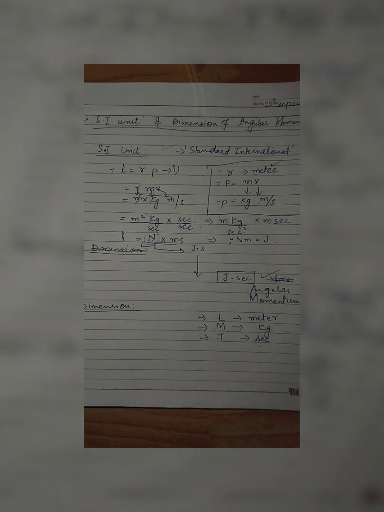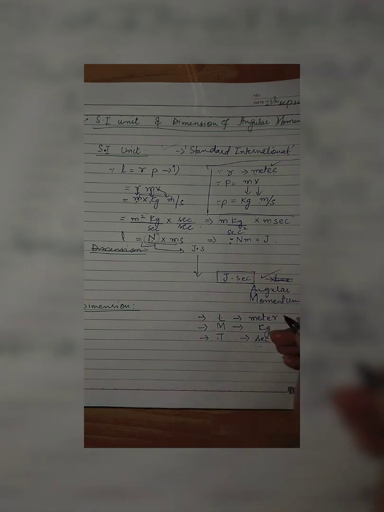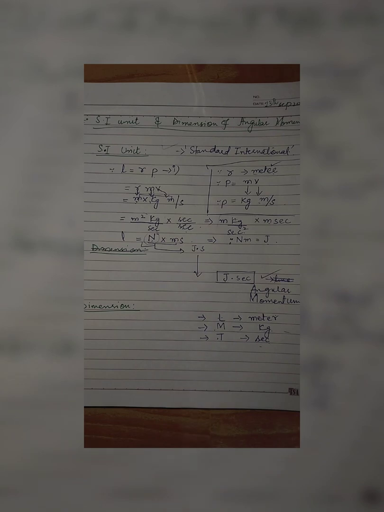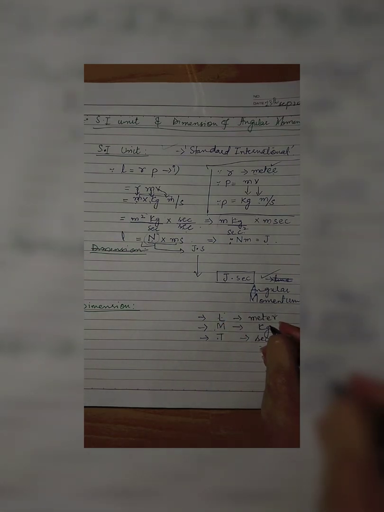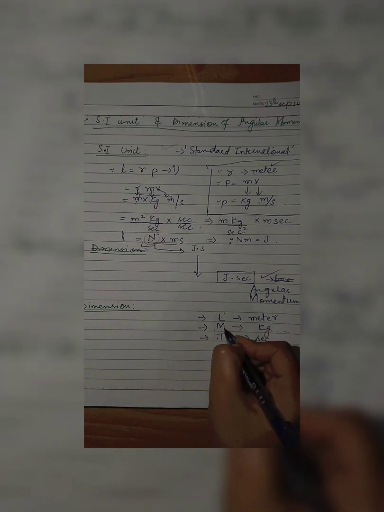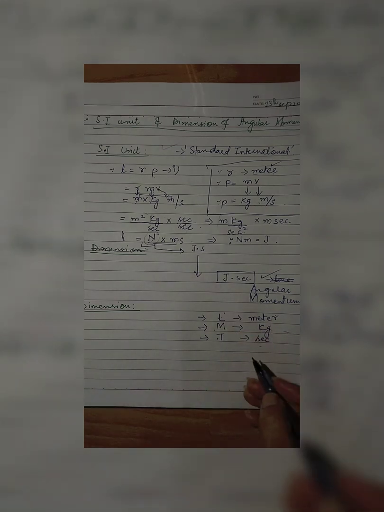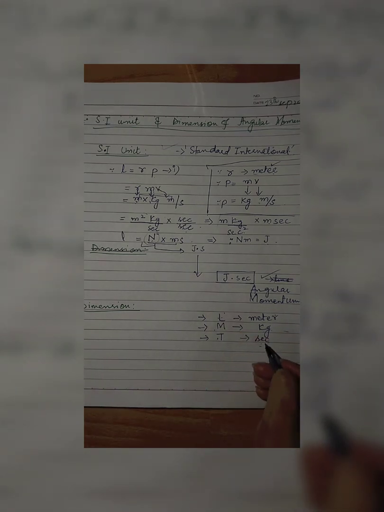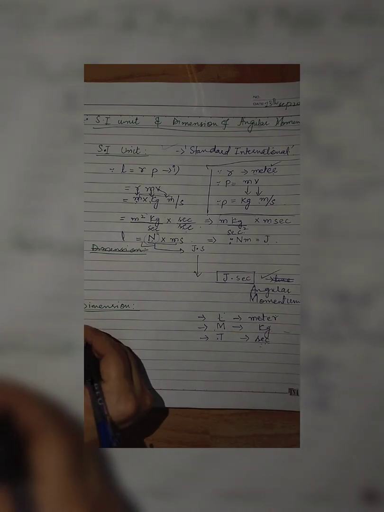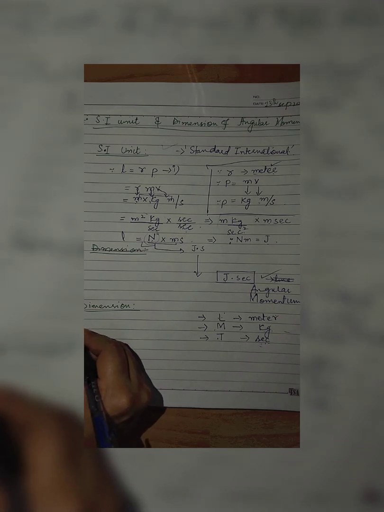So whenever we talk about any quantity that has SI unit meter, like your length, radius, etc., we use L. And for quantities that are having SI unit kilogram, we put it in dimension as capital M, that indicates mass. And for time, we replace the second, what means to say SI unit second, with the T.